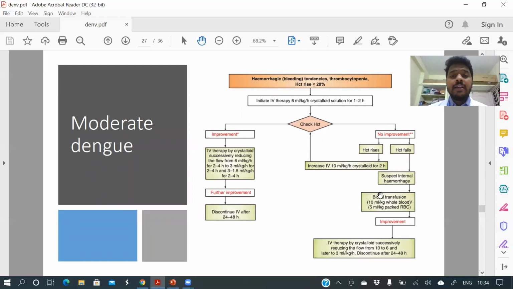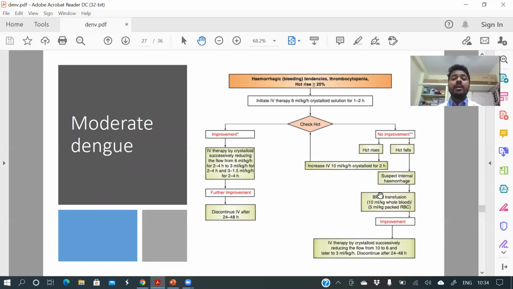So treatment of moderate dengue. First we have to diagnose moderate dengue. Again I'm telling, moderate dengue are the people with dengue with warning signs or dengue with comorbidities. These are the people we have to initiate on IV therapy, where crystalloids are the fluids of choice. In our institution, we are giving normal saline, and it has to be started at 6 ml per kg per hour crystalloid solution for 1 to 2 hours.